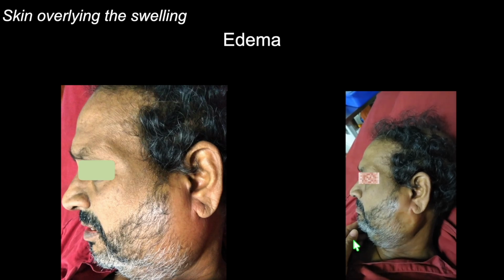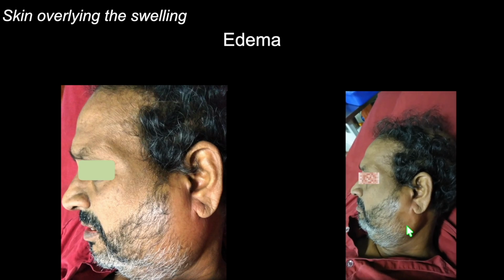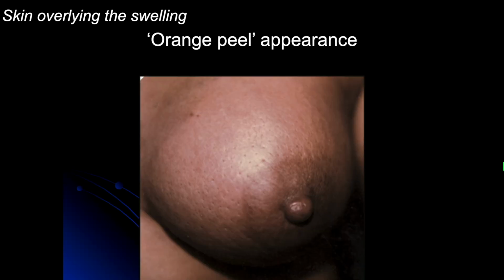Look at that pit. So that confirms edema. This is a classic orange peel appearance of skin overlying a swelling in the breast. This suggests infiltration of the skin by malignant tumor.